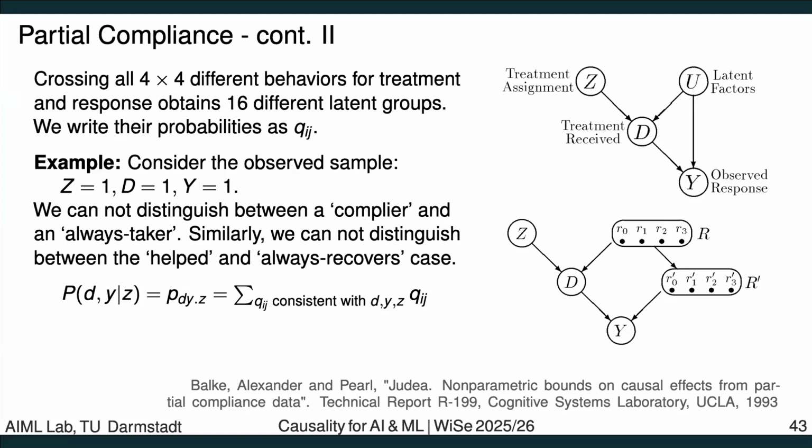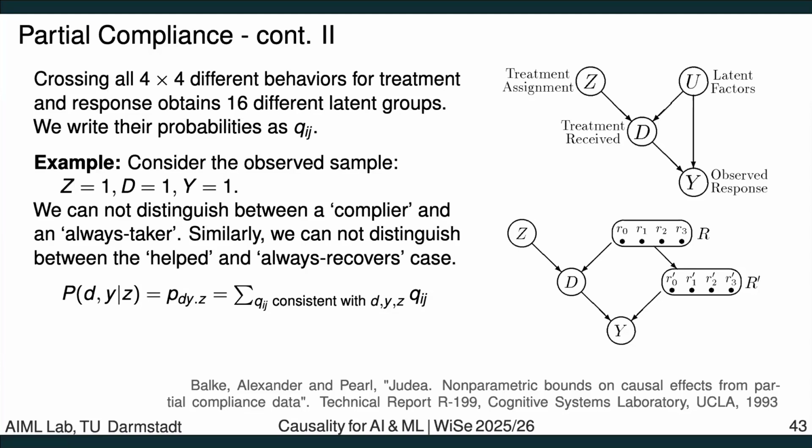And equally, some of these settings cannot be. So if we observe the patient has taken the treatment, we know it cannot be the never-taker latent factor or value. So basically, we get some sort of constraint. In the paper, they assign some shorthand notation to it.